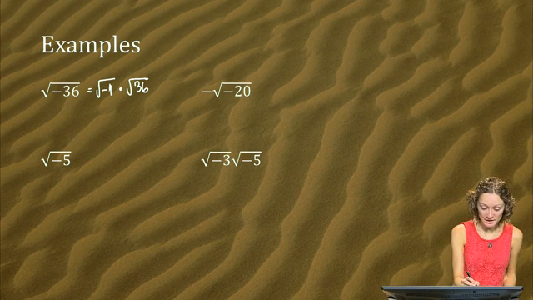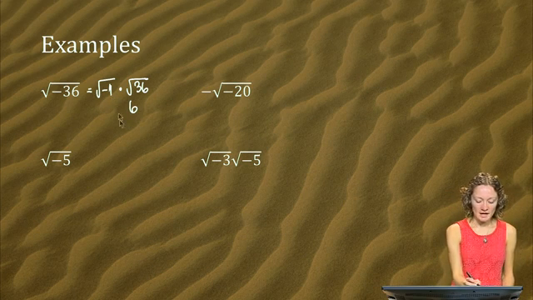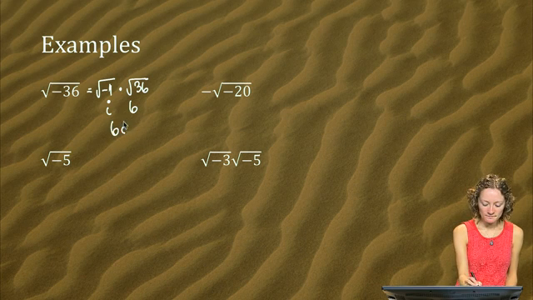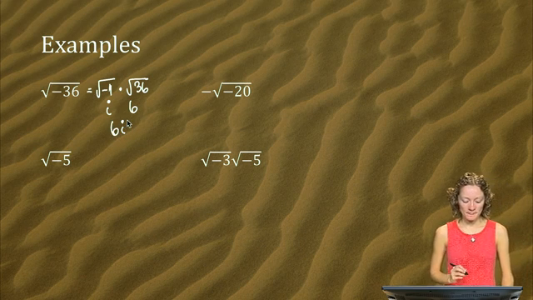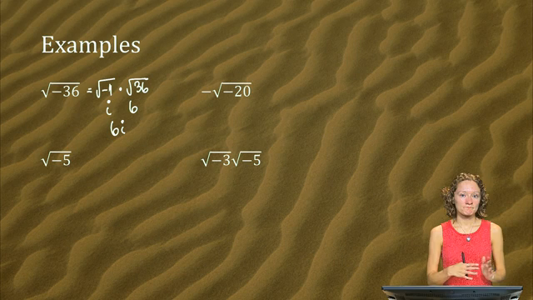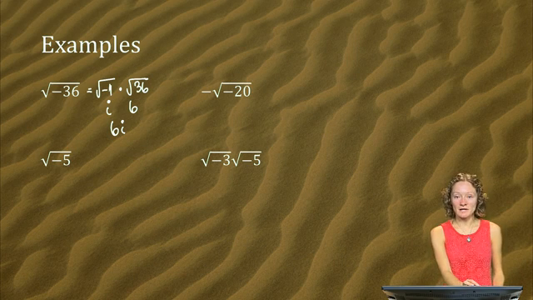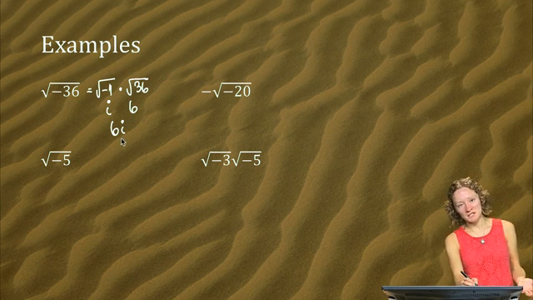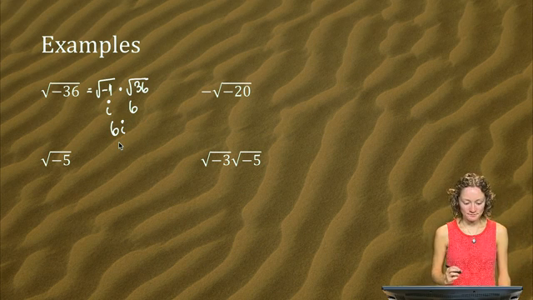The square root of 36 is 6, and the square root of -1 is i. Pull these two together, and we have 6i. Just like any letter, we typically put it after the coefficient, or the number piece. So while it's okay if you wrote i6, 6i is the more standard way of writing it.